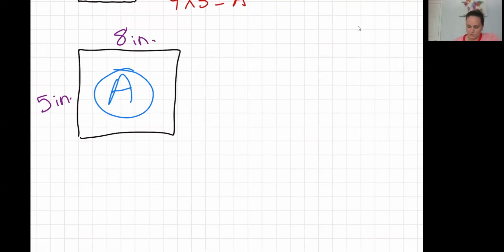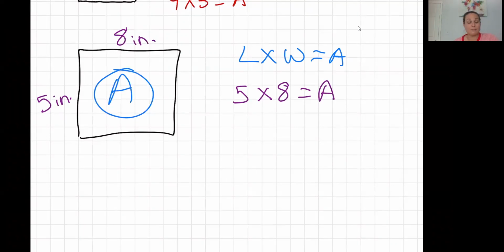So we need to do a length times width equals area equation. So for me this time, my length is 5, my width is 8, and that should give me my area. Or I can flip those two around. 8 times 5 equals my area.